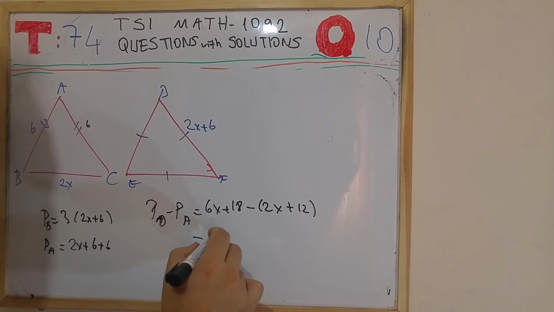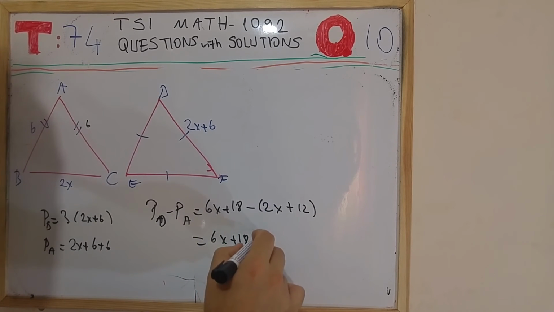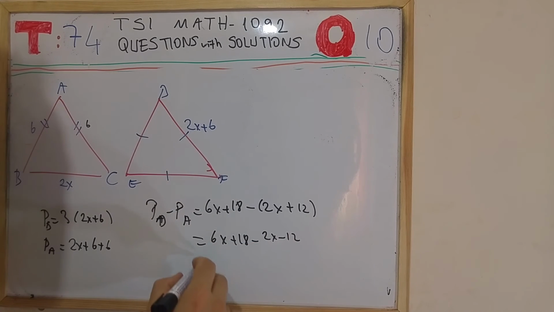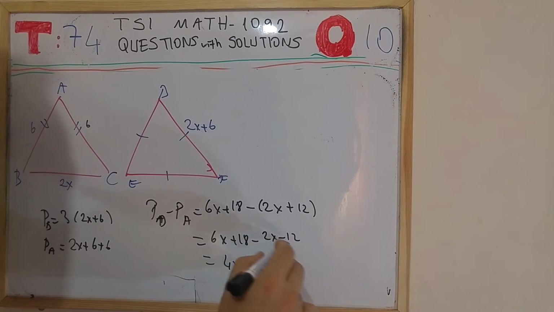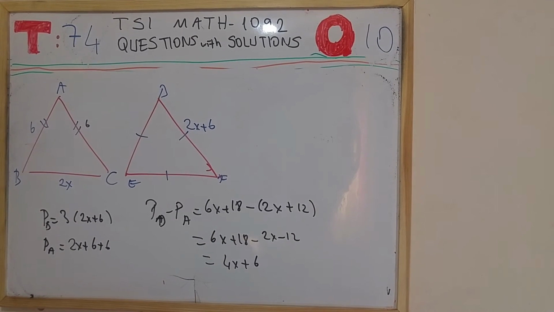That is equal to 6x plus 18 minus 2x minus 12. That is equal to 4x plus 6.